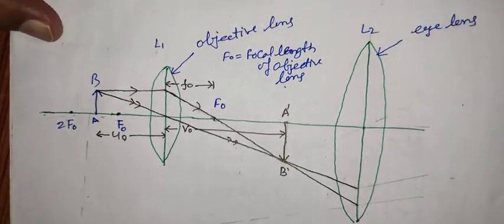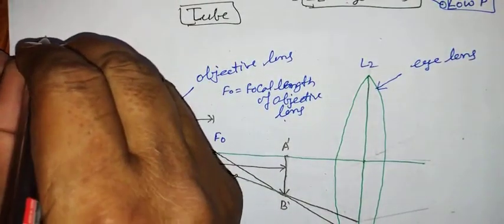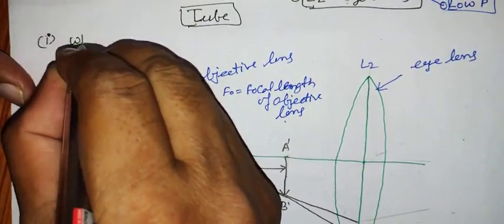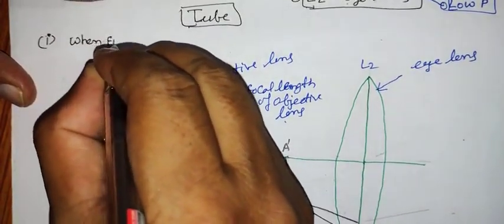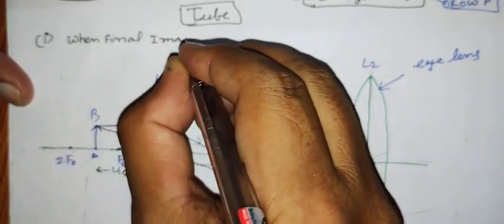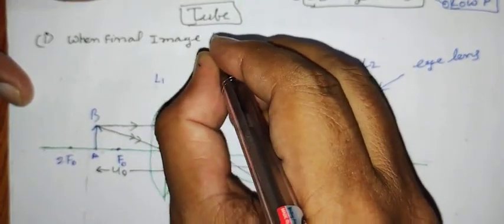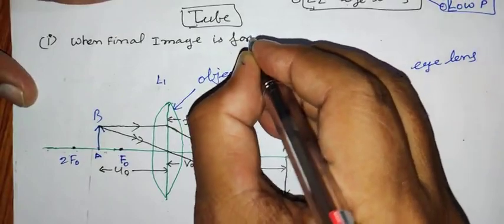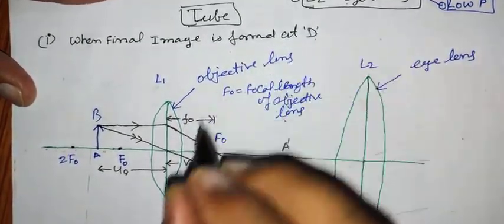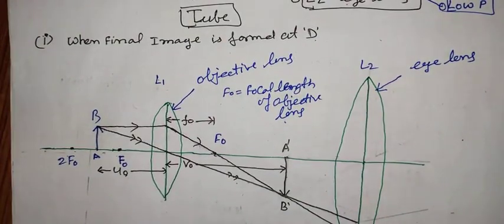Here we are taking a case. What is the case? The first case, when the final image is formed at capital D. We know D is the least distance of distinct vision.